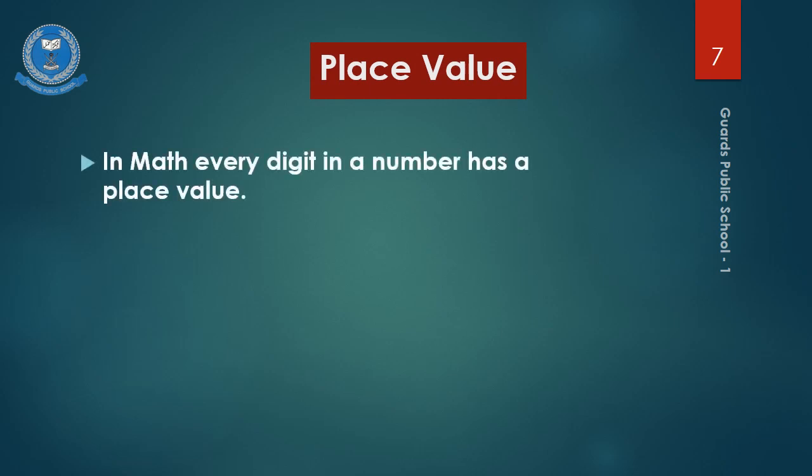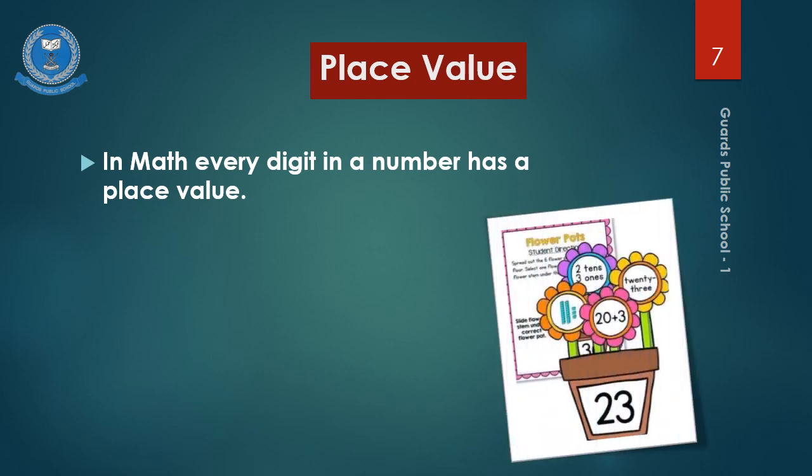So, can anybody tell me what exactly place value means? See, in math, every digit in a number has a place value. When you recall your previous slide about digits and numbers, you will see that the digits 0 to 9 have some value.